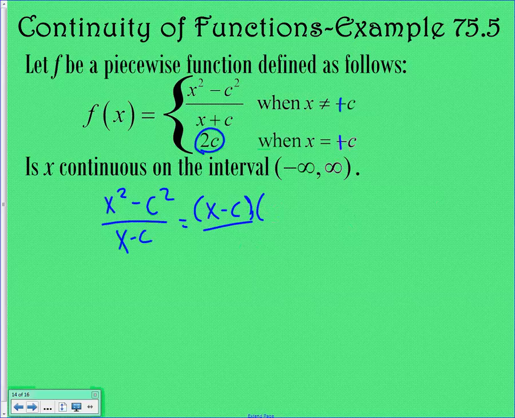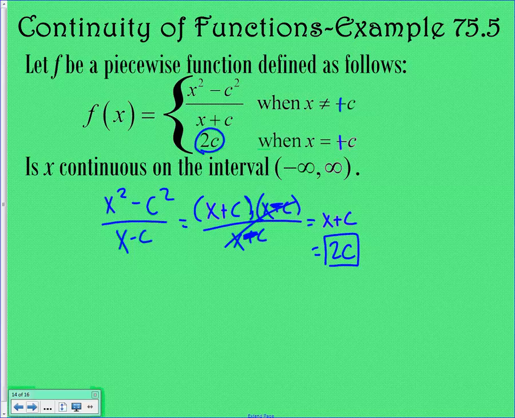And so when it factors, you get this. Whoops, that one should cancel with that one. And you end up with x plus c if you factor it. And then if you plug in a c, you get c plus c, so 2c, and these two do match. And so it would be a continuous function. But whenever they made this problem, the question and the description there aren't the same in the book.